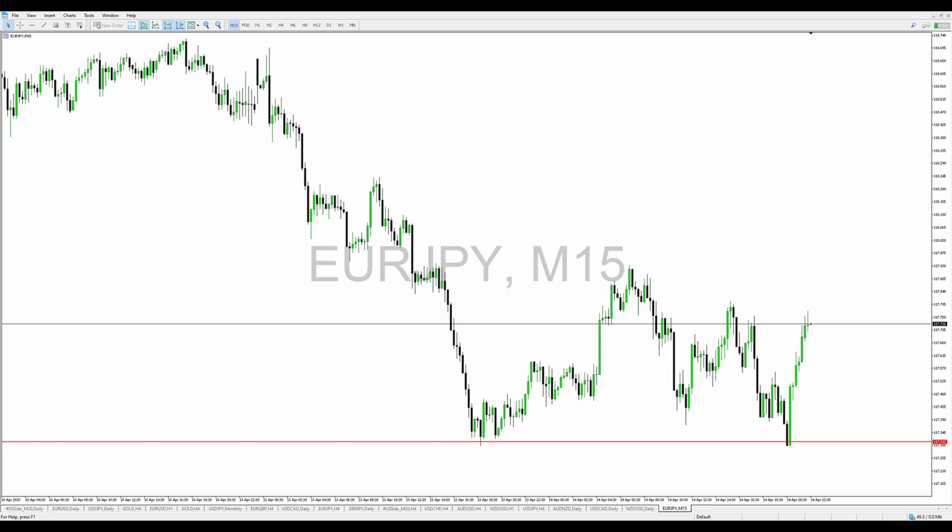I'm urging you to work more on higher time frames, which is weekly and daily, so you really understand perfectly. If you focus on lower time frames, yes, support and resistance can work down to as low as the 1-minute time frame, but since you'll be starting, it's much better to work on higher time frames.